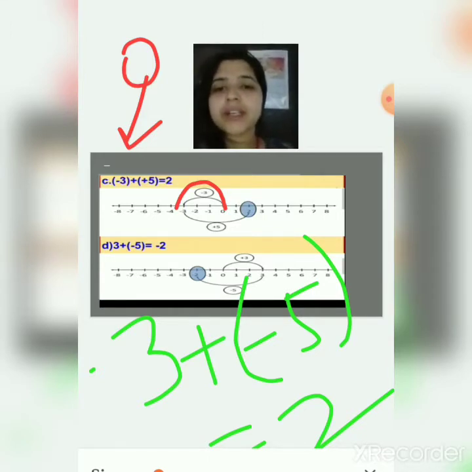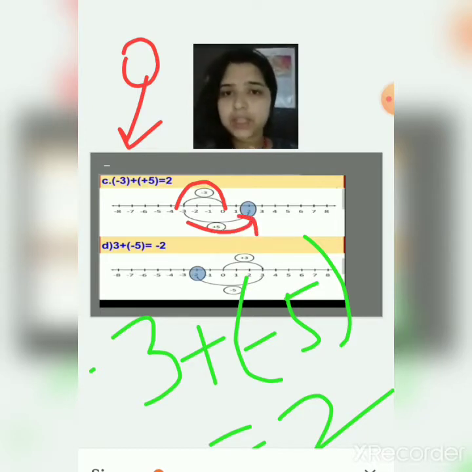So you can take directly from minus 3 to 2, and below you show that you have taken plus 5 steps, writing plus 5 below. This is the easy method. Or you can take first 0 to minus 3, then show plus 5 steps, so it will directly go to 2. It is easy for you to do it this way.